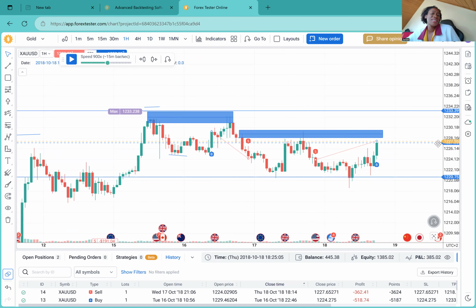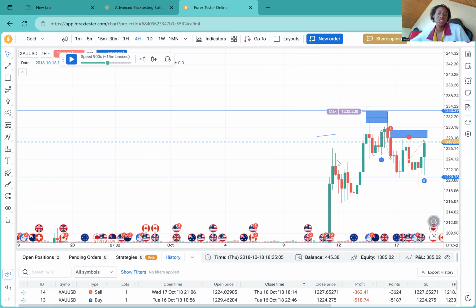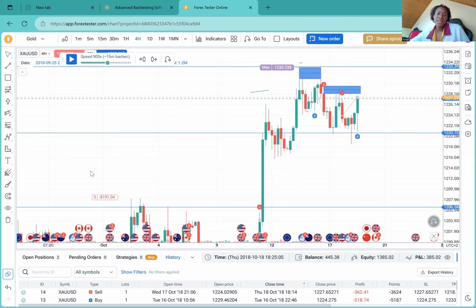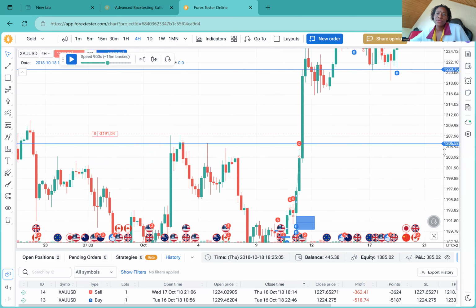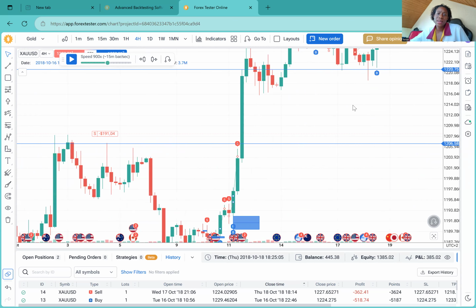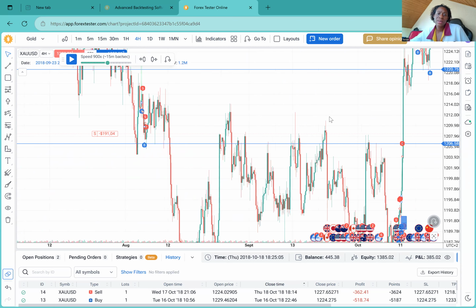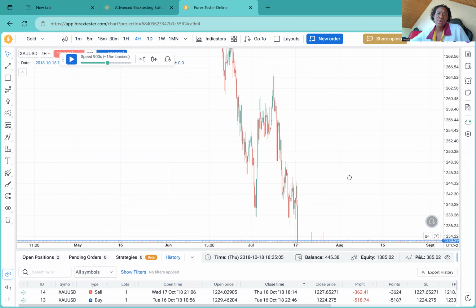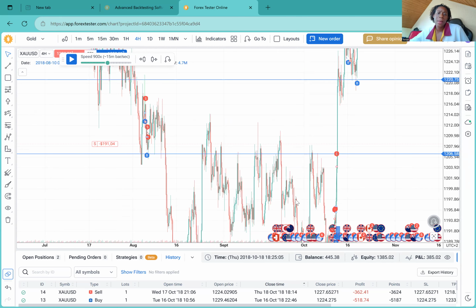Okay, so on the 1 hour, we are more or less ranging, guys. We are more or less in a range. If you look at this market here, before we had a clear direction. Here we were clearly going down, and then price ranged for a bit.